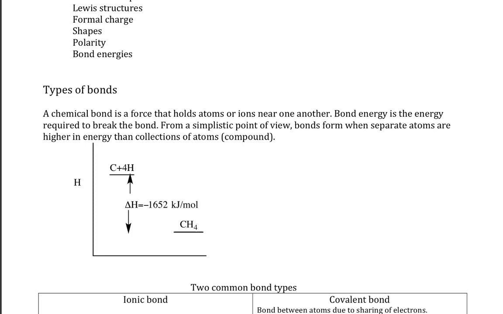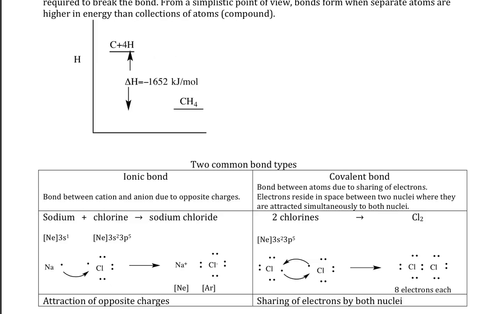So the C plus H4 is at a higher enthalpy position, higher energy, we could say, than is the compound that forms from them, CH4. That's lower energy, more stable. It's lower in energy by this 1652 kilojoules per mole. And that is basically the reason that CH4 would form from the atoms, carbon and hydrogens.